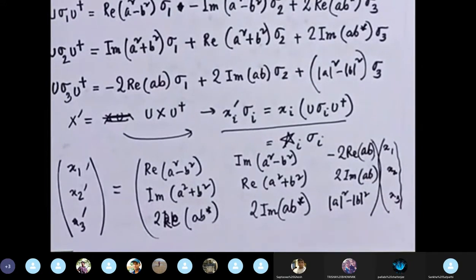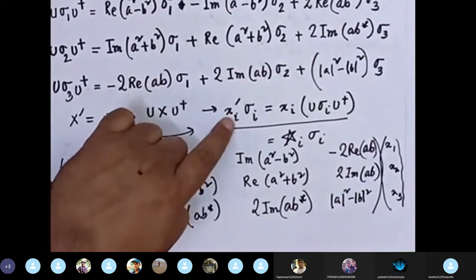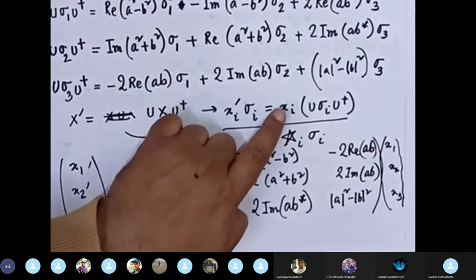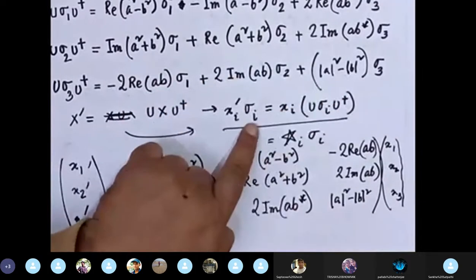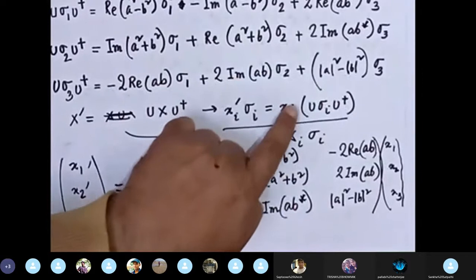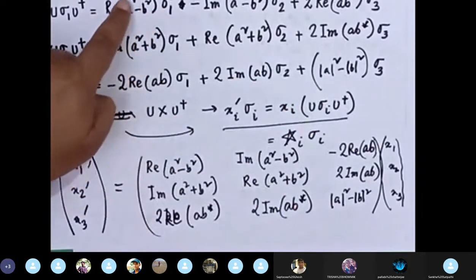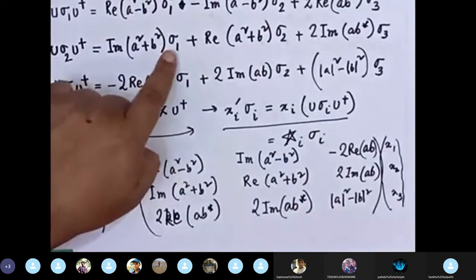Is this step clear? Calculations I leave, but you can directly see that x1 prime from this relation will be x1 into the coefficient of sigma 1, which is this here in this expression, plus x2 into the coefficient of another sigma 1 that comes from the second relation.